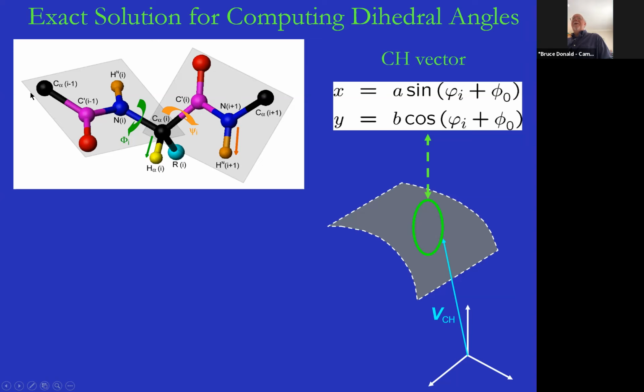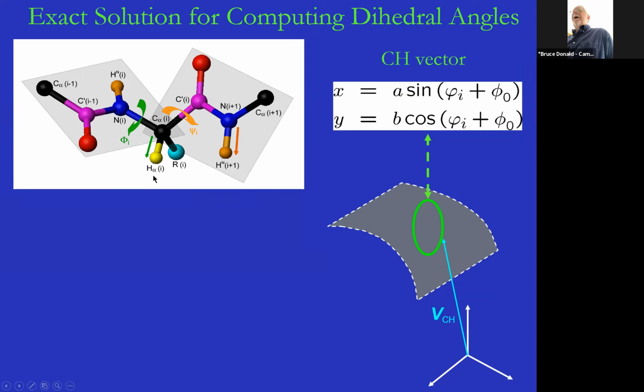If this is all fixed and known, the unknown variable is the phi bond angle, which can rotate around. Does the RDC report on what that value could be so I can solve for it? If you imagine the orbit of this bond vector as I rotate phi, it's in general going to be an ellipse. In many cases, it will be a circle, but let's just say an ellipse.